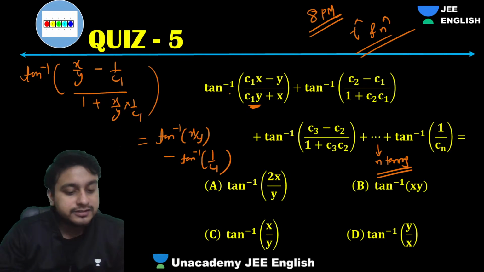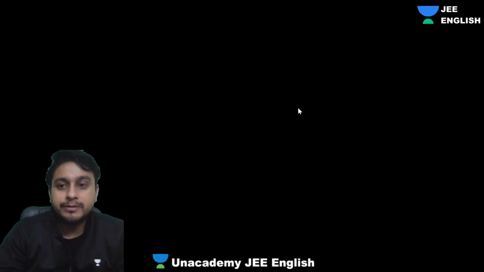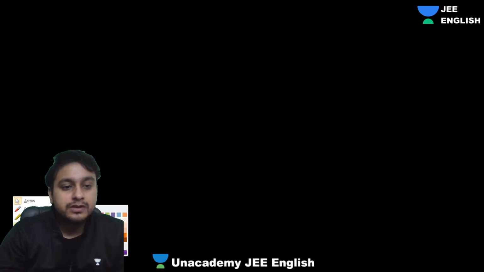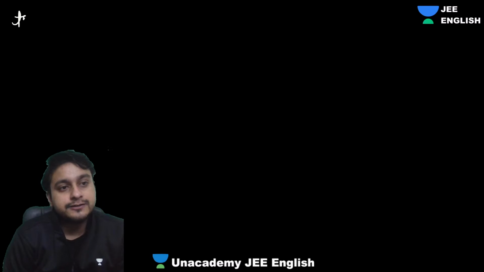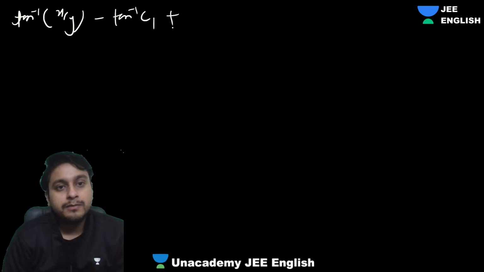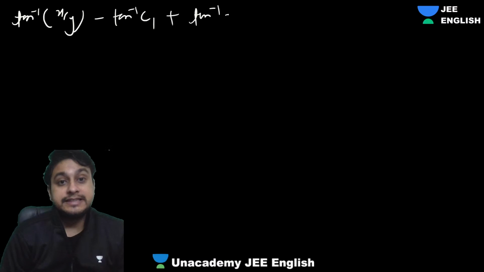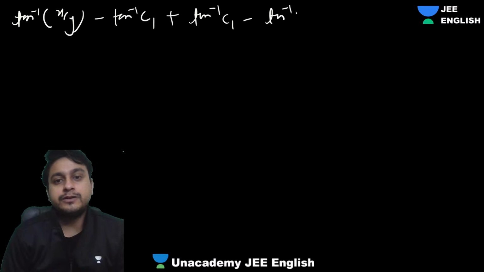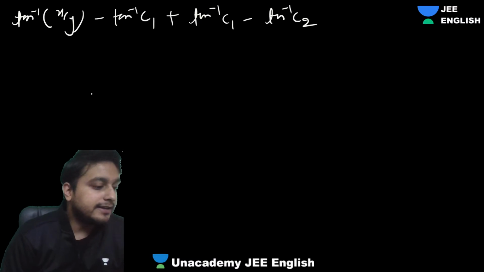So guys, if you just elaborate everything like that, finally what we are getting is tan inverse x by y minus tan inverse c1, plus then it will be tan inverse c1 minus tan inverse c2. Looking at the next steps, that's what will happen.